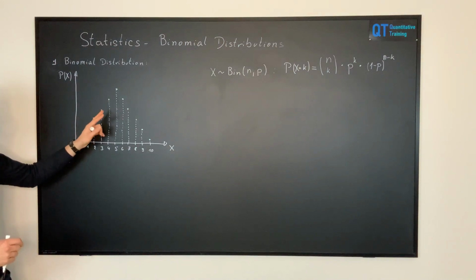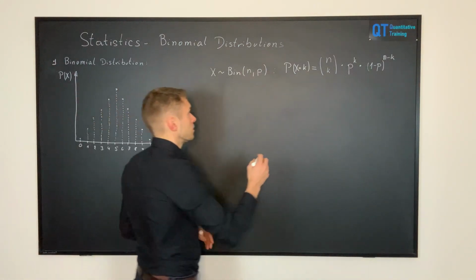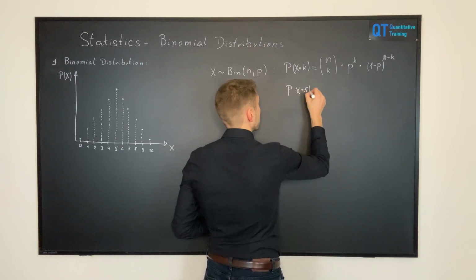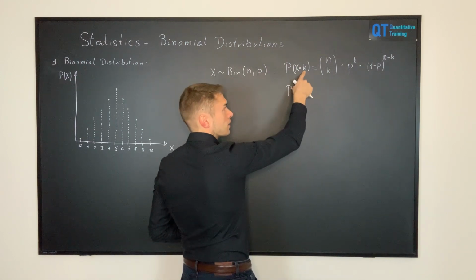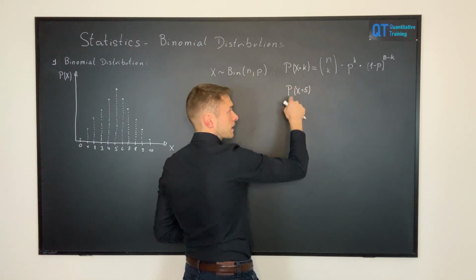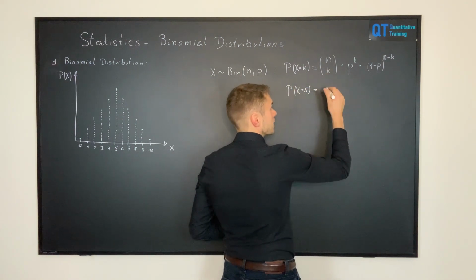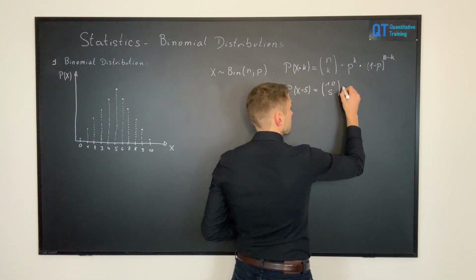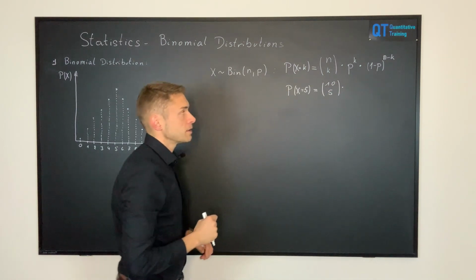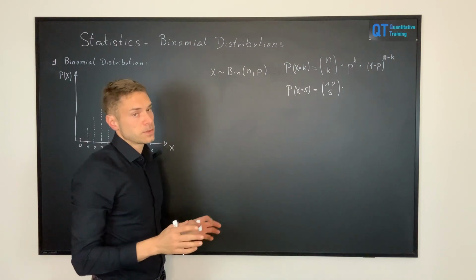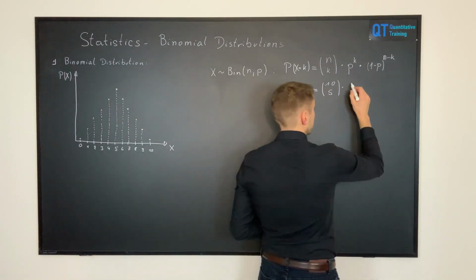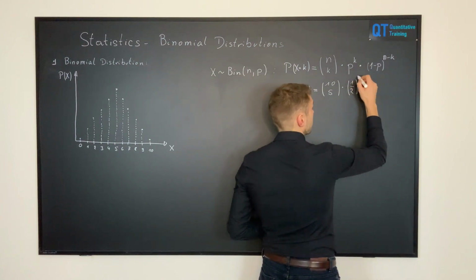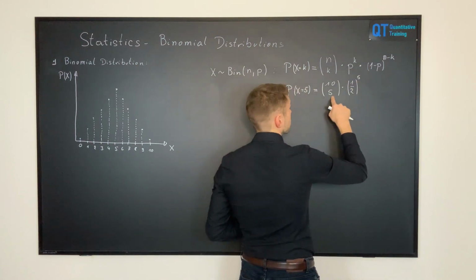So what you can actually do, for instance, is put in here the formula, p of x equals 5. So you have 5 times success. You repeat the experiment 10 times with 5 times success. Of course, you have a probability of 1/2 because 50-50% chance to obtain tails. So basically you have 1/2 to the power 5 this time because k is 5.